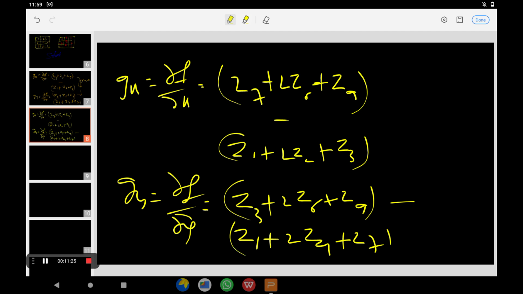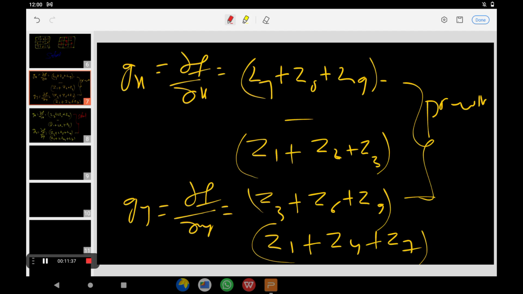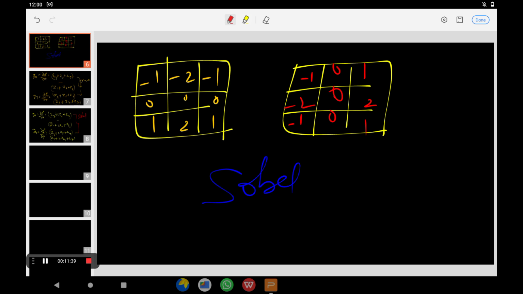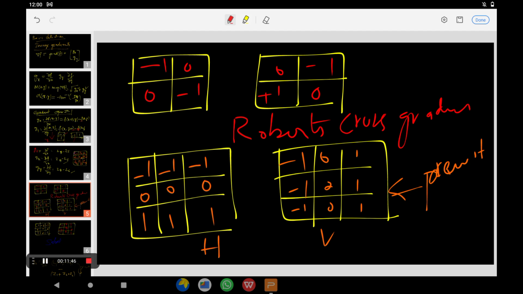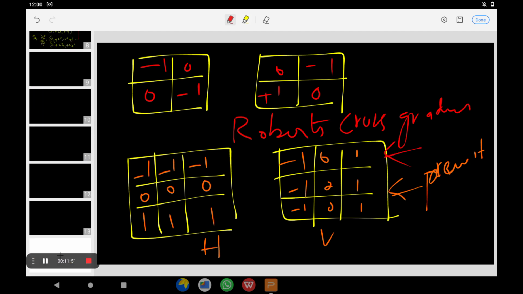Based on these equations you can write the Sobel filters in the previous Sobel operators. Just compare with the equations for Prewitt. By substituting the corresponding coefficients in these two equations, you can get the Sobel filters as well as the Prewitt operators.